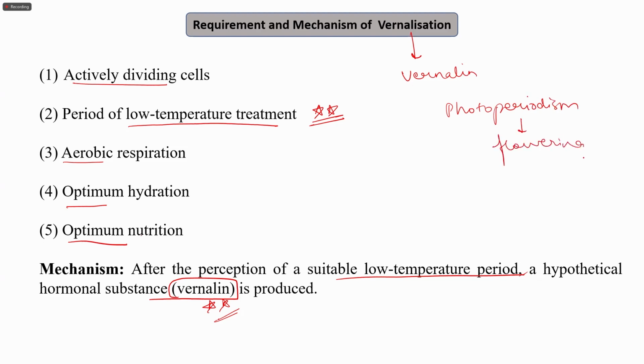Flori is related to flowers, florigen. But in vernalization, the hypothetical hormone is vernalin. So only after this vernalin is produced does photoperiodism come into the picture.